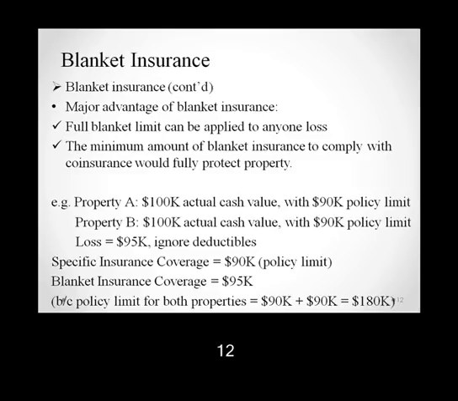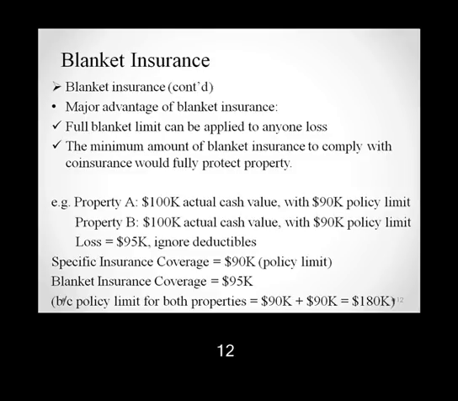However, if you maintain a blanket insurance, the story will be different. Instead of covering each of the properties separately, the blanket insurance provides a single policy limit for both of your properties. So that would be $180,000. That will be 90% of the two of your properties, which go together as $200,000.